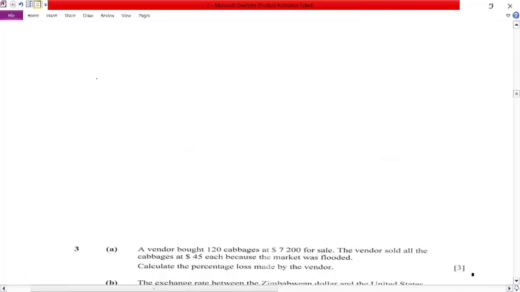The first thing that we do here is we calculate the total sales value or sales revenue that the vendor is going to get after selling 120 cabbages at $45 each. So we just say 120 times 45.